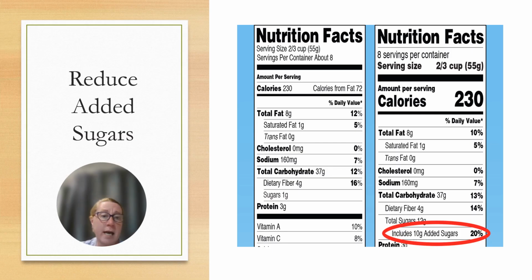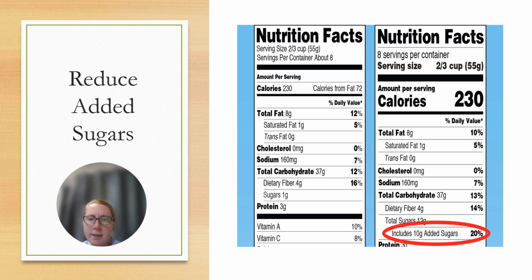We want to reduce added sugars, and of course, looking here on the nutrition facts label, we can see that they have now changed it. So instead of just saying total sugars, we now have total sugars 12 grams, for example, but that includes 10 grams of added sugars. So whatever this item is, it naturally had 2 grams of natural sugar in it.